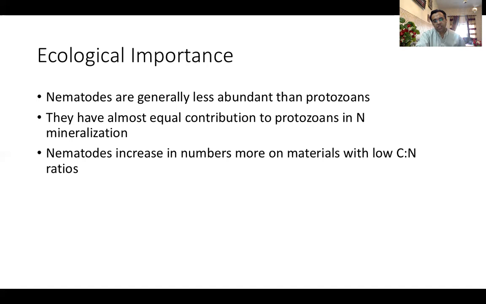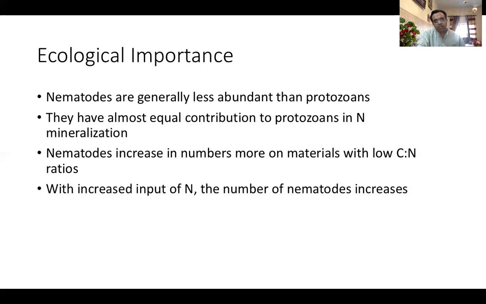The nematodes increase in numbers more on materials with low CN ratios. Low CN ratios means low carbon but high nitrogen. I mean low carbon to nitrogen ratio. So such materials contain more nitrogen. So these nematodes prefer material that contain more nitrogen in it. Therefore, they play an important role in nitrogen mineralization process.